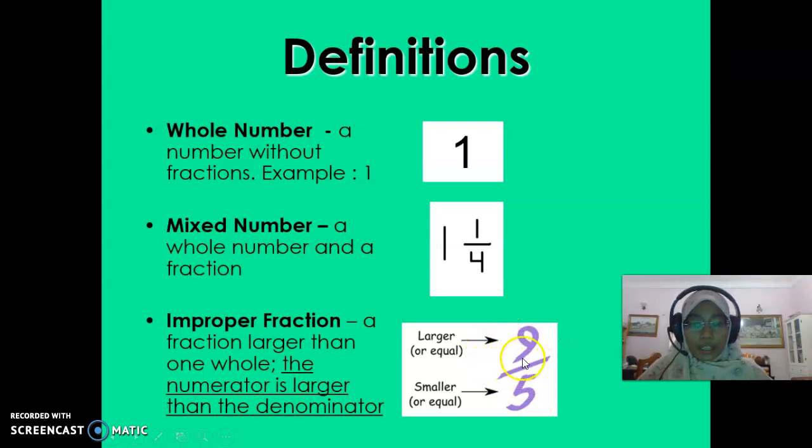The numerator is larger than the denominator. 9 is larger than 5. Okay. Or the other example for improper fraction, look. Or equal means that 9 over 9 is also an improper fraction. 5 over 5 is also an improper fraction. Okay.